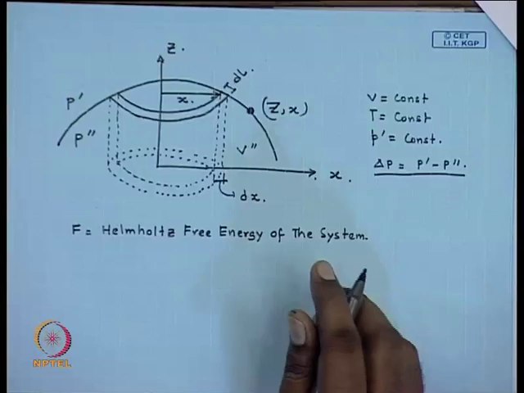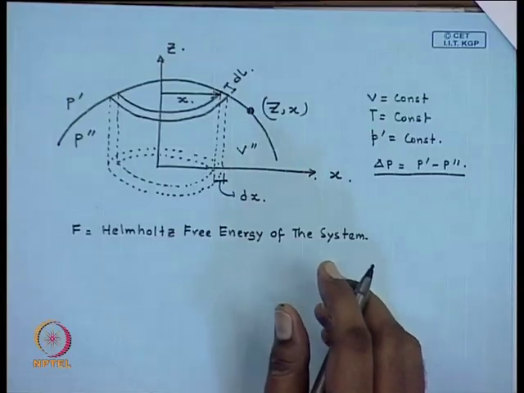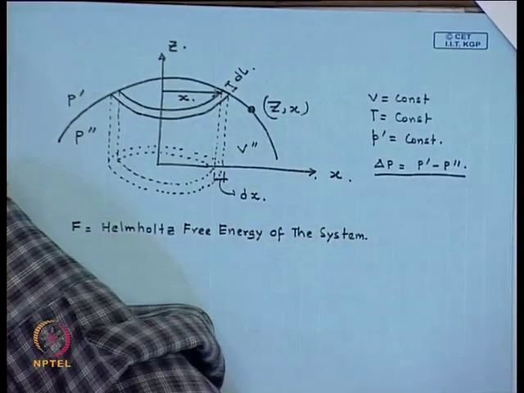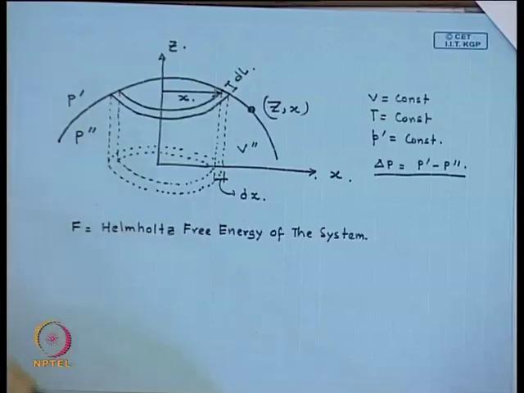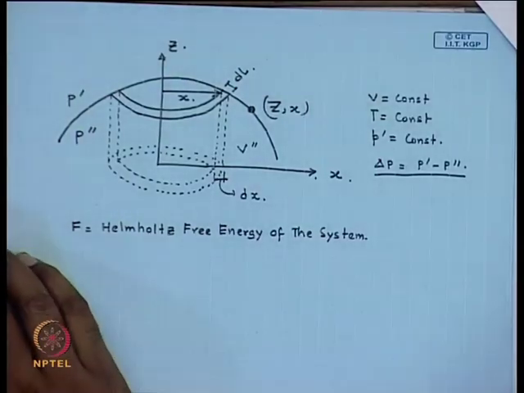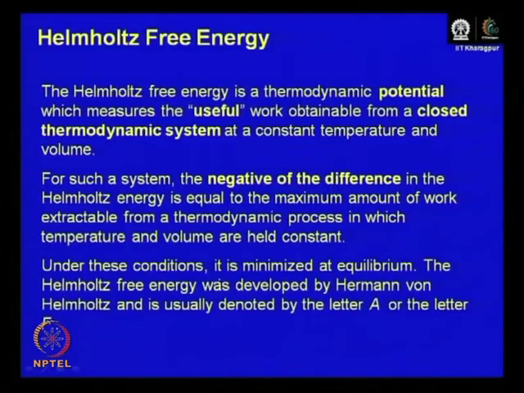Now, I am sure all of you know what exactly Helmholtz free energy is. The Helmholtz free energy is the thermodynamic potential which measures the useful work obtainable from a closed thermodynamic system at a constant temperature and constant volume.